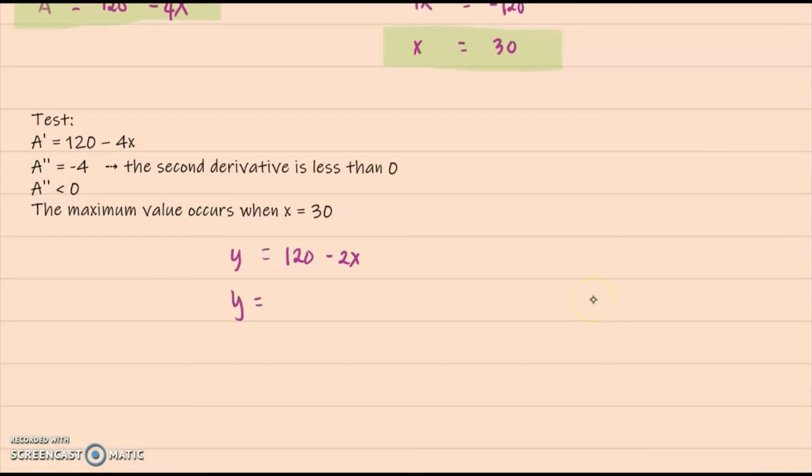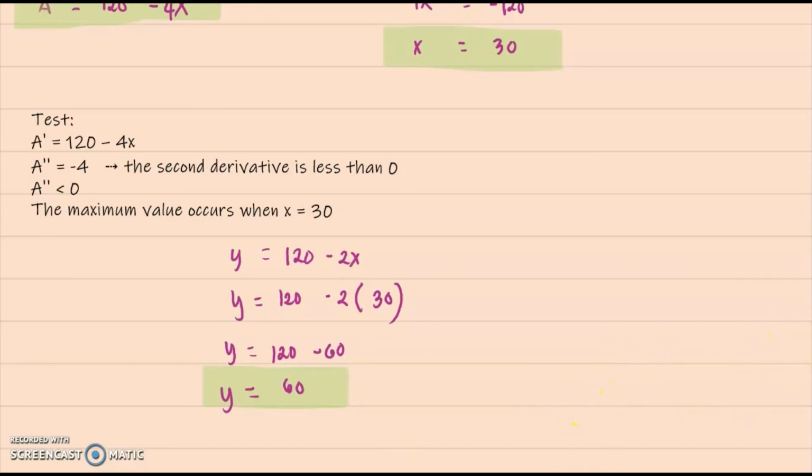So y is equal to 120 minus 2 times 30, which is 120 minus 60. So y is equal to 60. Highlight the value of y.